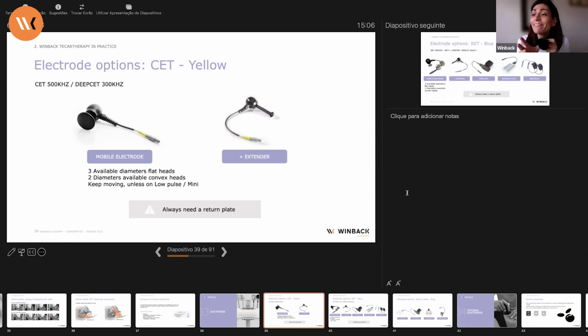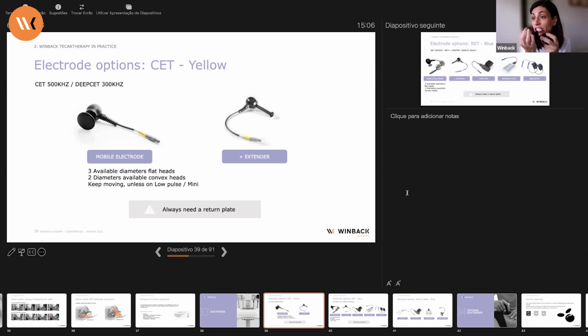So we have the extender to assure the hygiene, to assure that we can see where we are working on and the answer of our stimulation, and also to put the condom on, okay? We have a special gel that assures the conductivity and we put a condom on to protect the sound, okay?